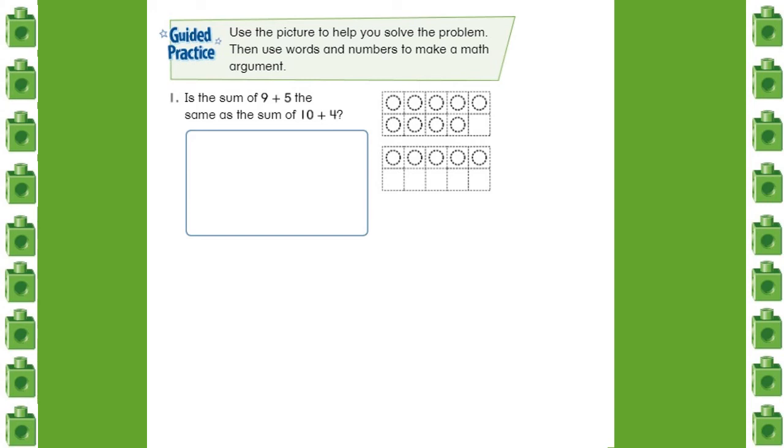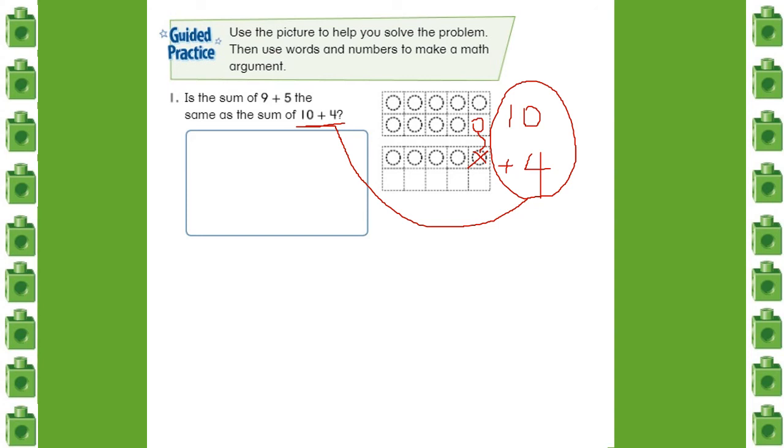Well, all we need to do is take 1 away from here and put it there. And now we've made a 10. And in the bottom 10 frame, we have a 4. So now we can add 10 plus 4 pretty easily.